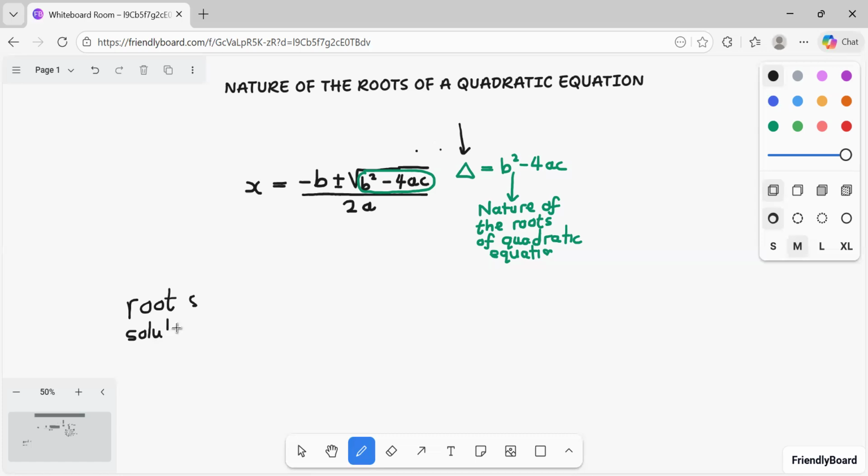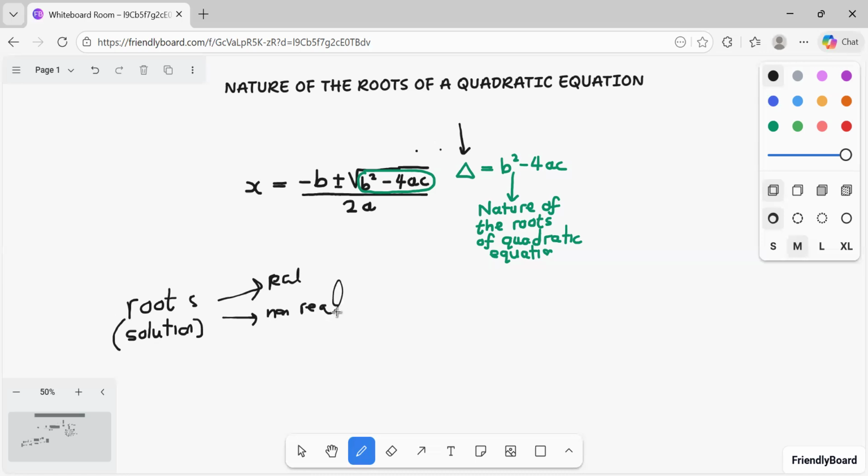When I say roots, I mean solutions. So the roots or solutions can either be real or non-real. This is very, very important to take note of.